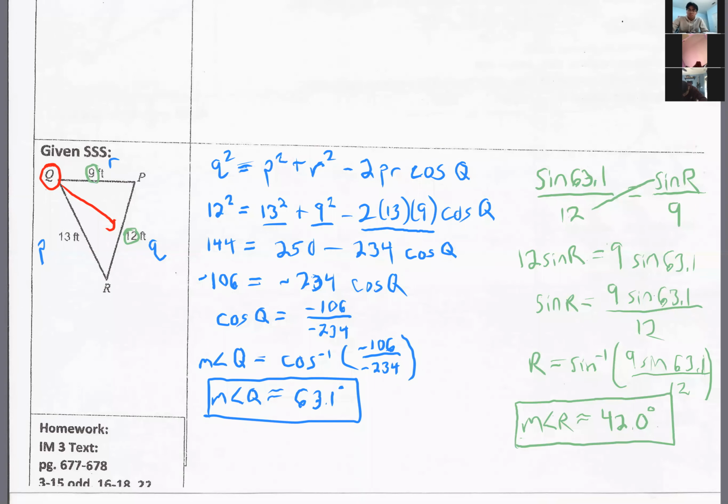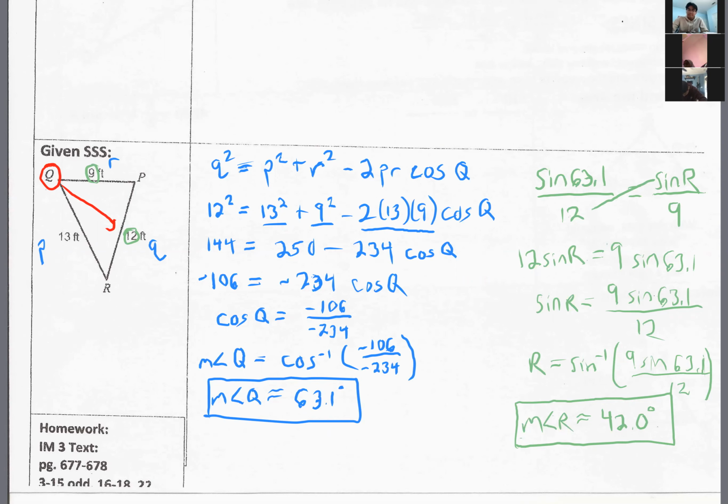I'm just rounding to the nearest tenth. 41.9. I'll check it. So inverse sine of 9 sine of 63.1 divided by 12. Yeah, I'll round that to 42. It's 41.97.